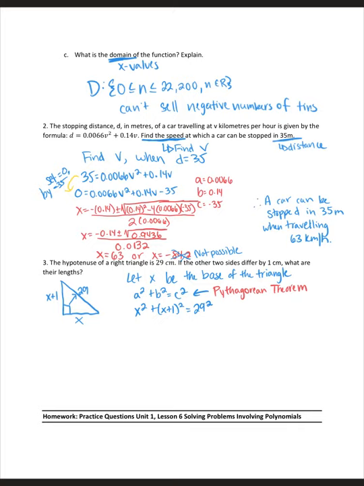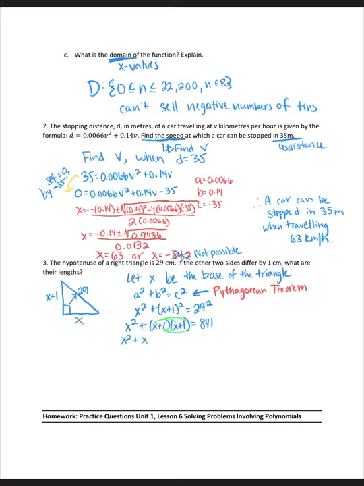Okay, so x squared is just x squared. But x plus 1 squared, we're going to write as x plus 1 times x plus 1, because remember, the squared term means we're multiplying the bracket by itself. And then 29 squared equals 841. So let's keep expanding this. I'm going to expand my binomials by using FOIL.